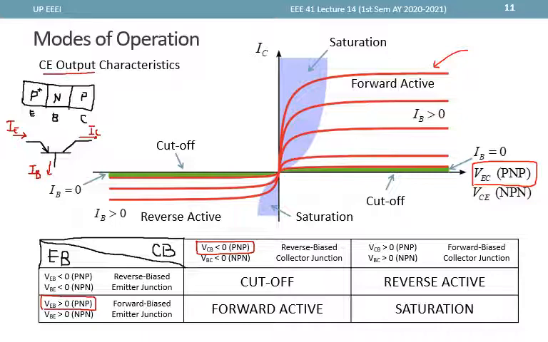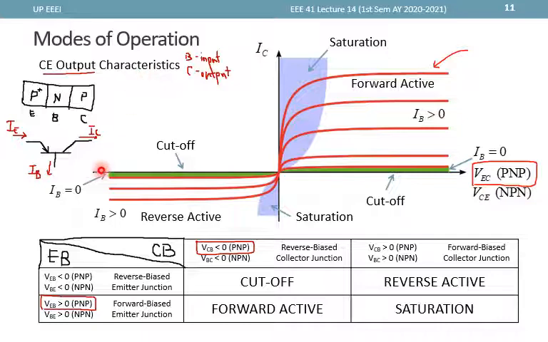So if we look back, by common emitter, it means that the emitter is common, the base is the input, and the collector is the output. And with the emitter being common, we can actually look at its, say, bias or voltage as some reference point or at a fixed voltage.